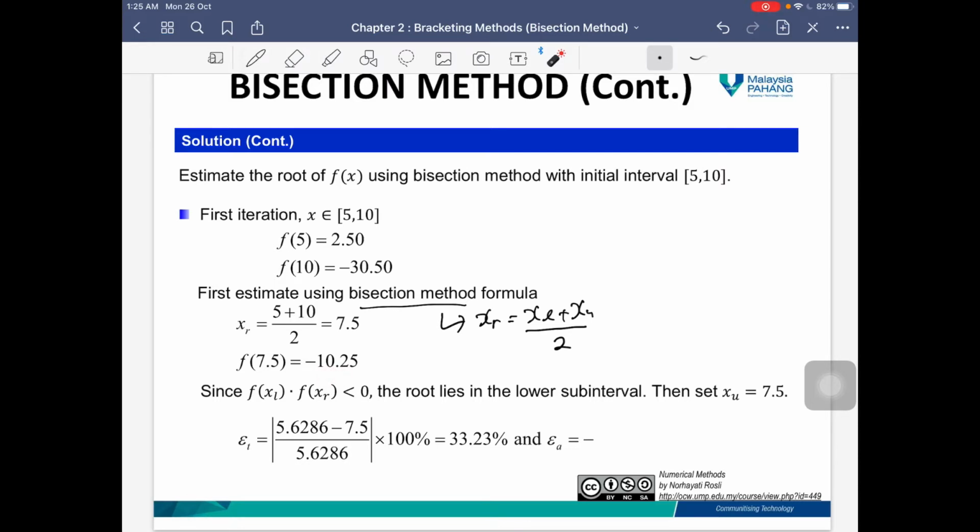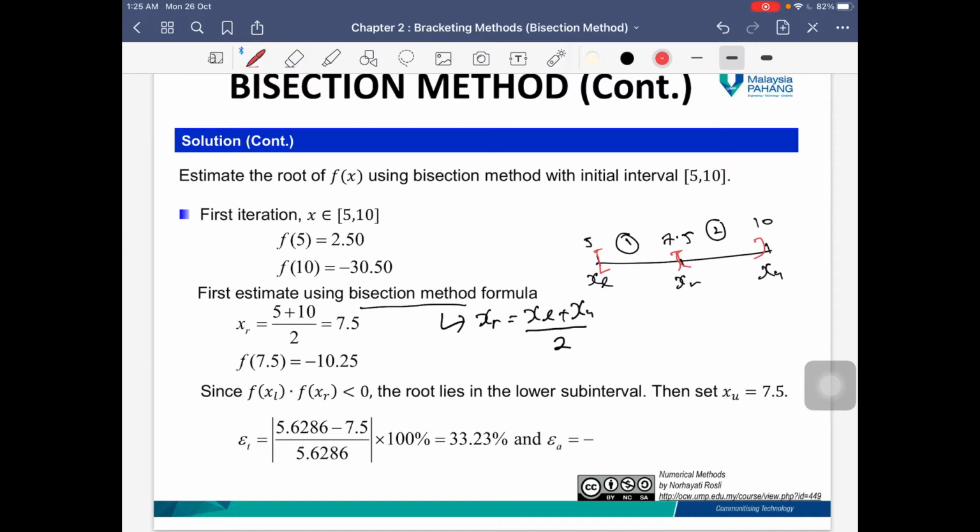Now we have the interval x_l 5 and x_u 10, and we also determined x_r 7.5. So now we have 2 subintervals, the lower and the upper subinterval.